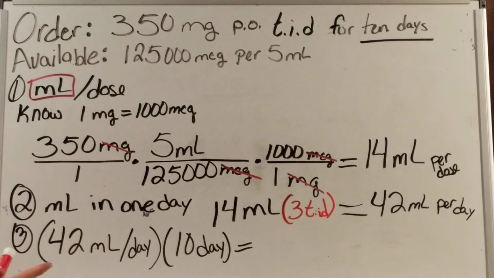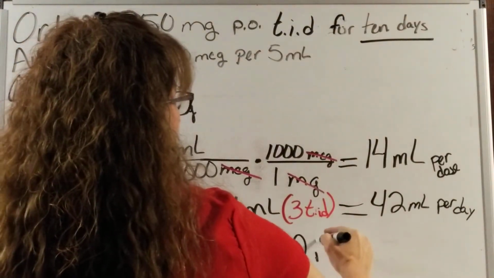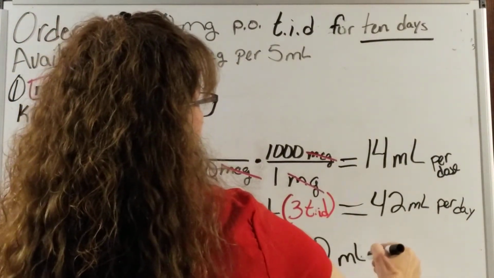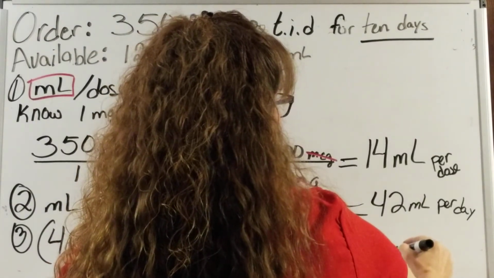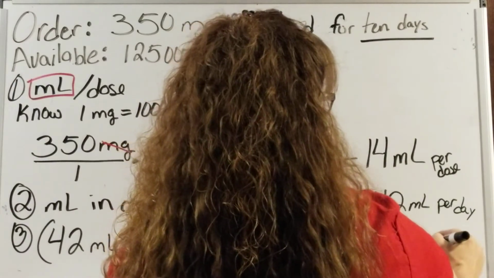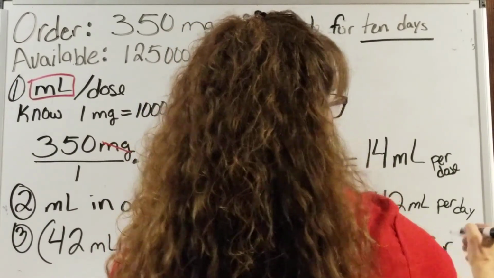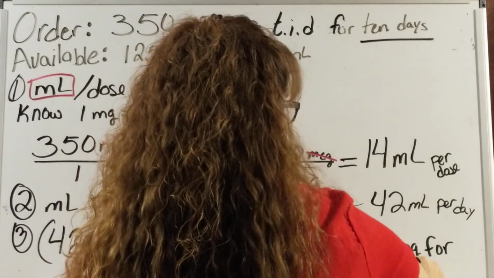And what does that give me? That gives me 420 milliliters that they will be taking for the next 10 days, or however you want to word it, for 10 days.